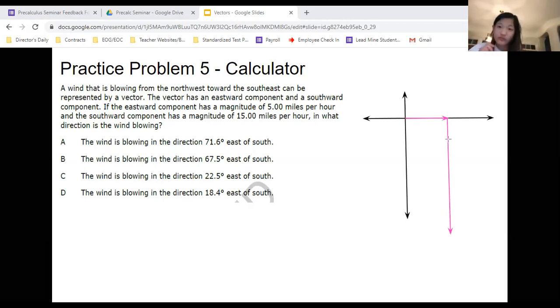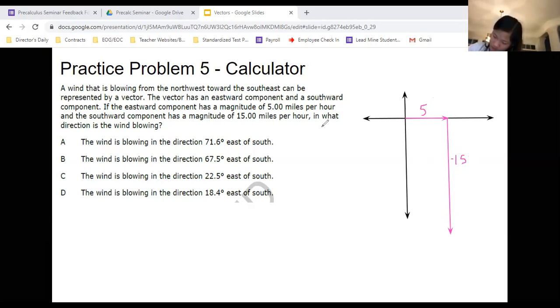Notice that my southward vector is a lot larger than my eastward vector, because the southward component is 3 times as large. That's 15, and keep in mind this is -15 because it is south.